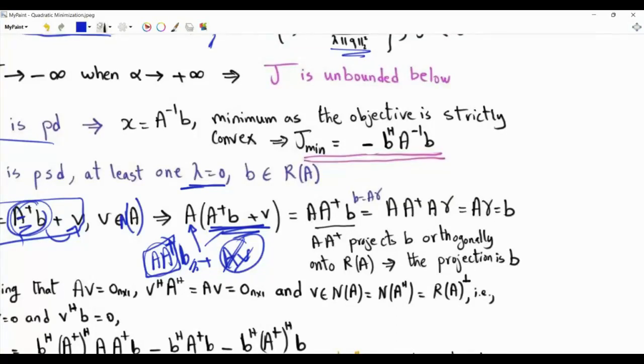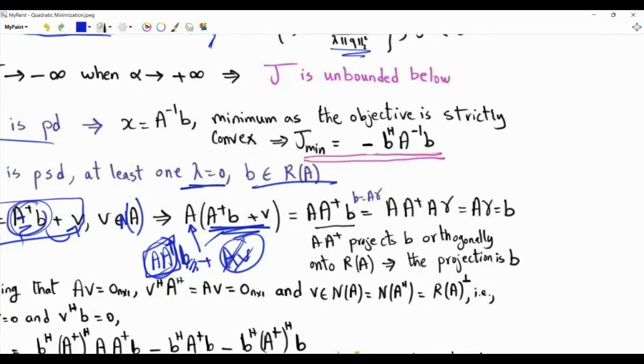It is A times the Moore-Penrose pseudo inverse of A. So for this projection matrix, if B itself is in the range, and this is our assumption here, then its projection is exactly itself.